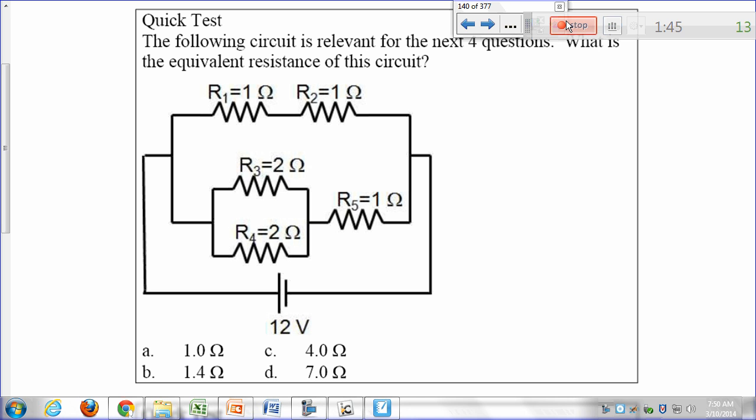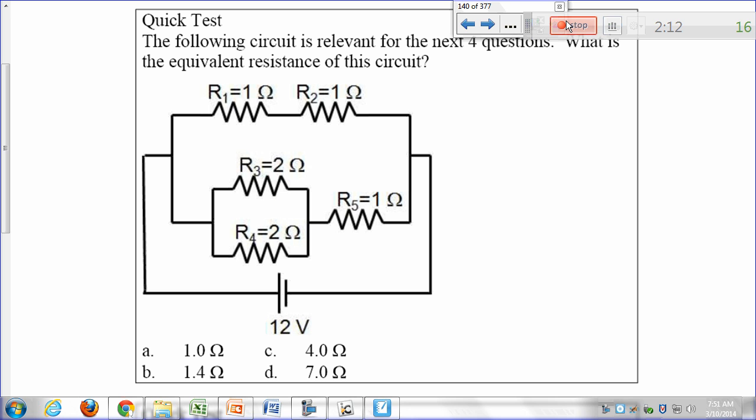Still on this first question, but if you finish this one, go on to the next, and the next, and the next. Nice.